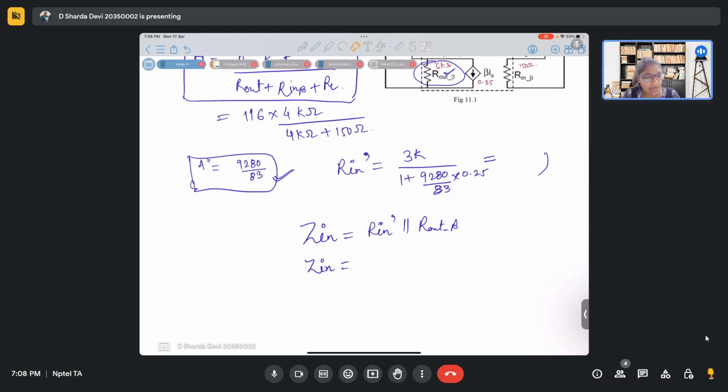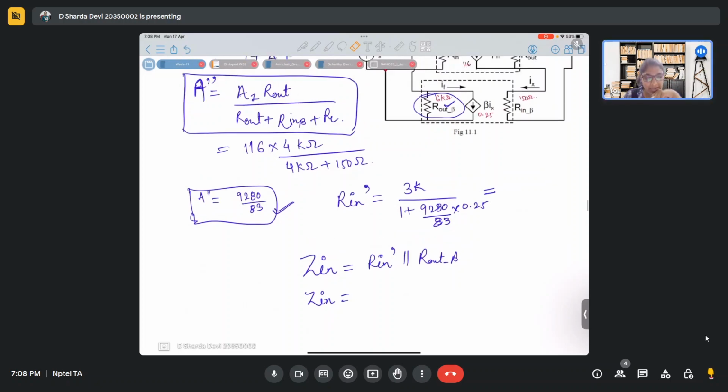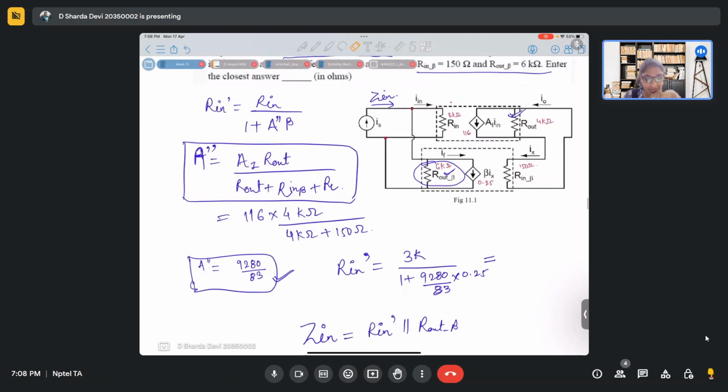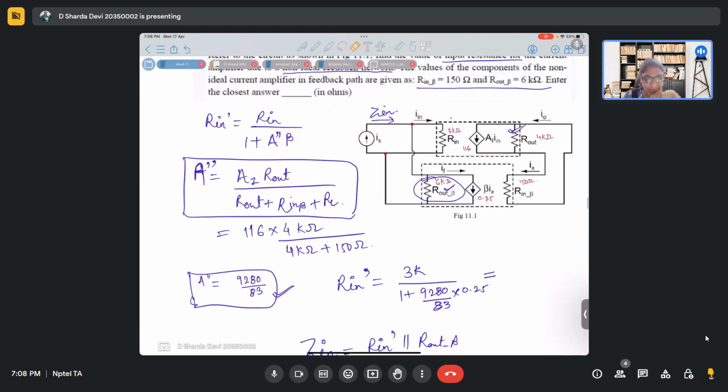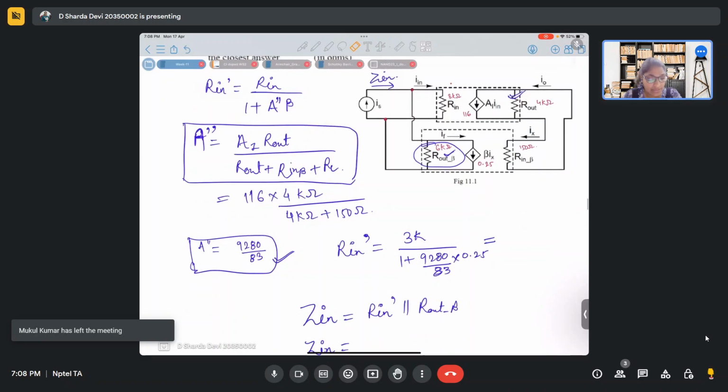First of all, R in dash we have to find out. We found out gain earlier, A double dash. And that R in dash was different. There it was ideal condition, so we didn't have the effect of R in beta, R out beta.